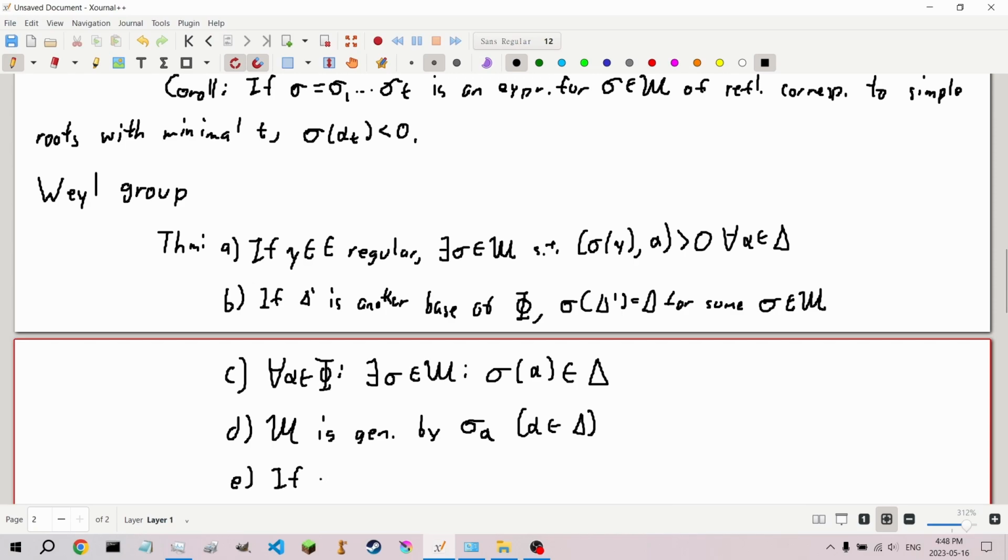(E) If σ(Δ) = Δ for some σ in the Weyl group, obviously, then σ is just the identity. So the Weyl group acts simply transitively on bases.